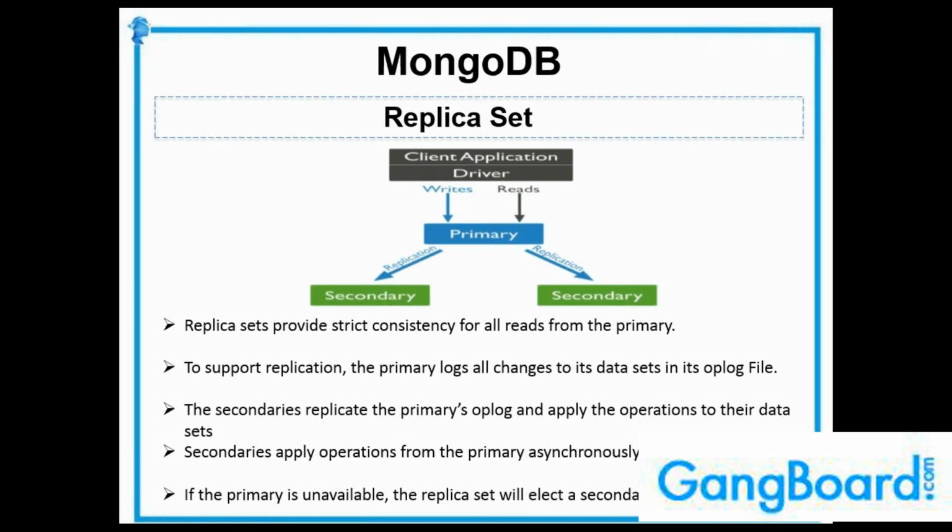It is 500 MB. So out of 10 GB, 5% will be given to OpLog, that is 500 MB, and with the 500 MB the capped collection will be created.